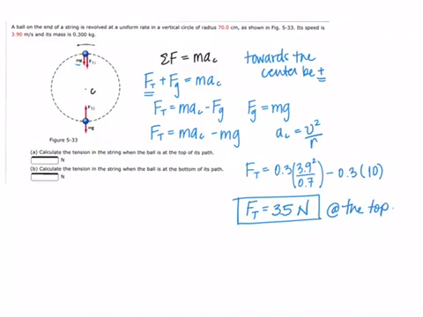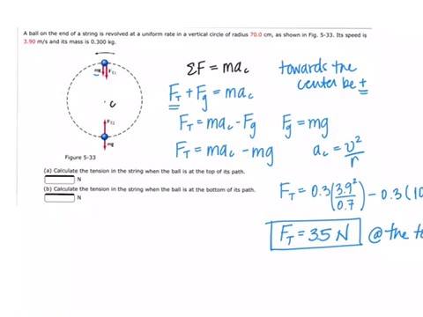Now, to find the force at the bottom, we're going to use the force diagram that was given here. So if I sum the forces at that point and letting towards the center be positive again, then that means that the sum of the forces is equal to MA sub C. And this time it's the tension force directed towards the center, but the weight force is directed away from the center.